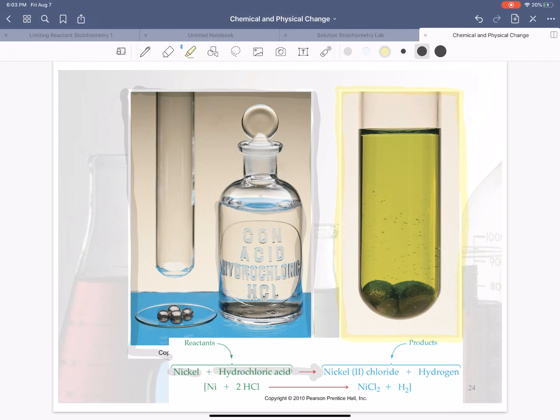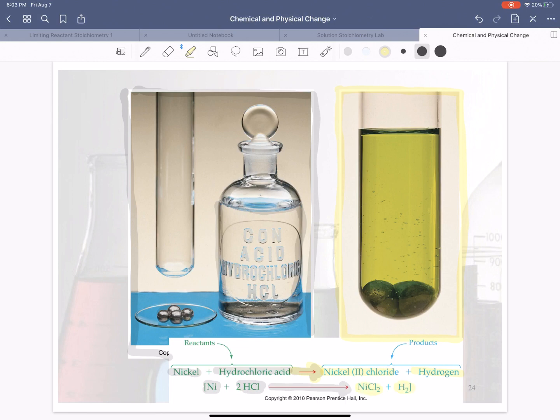When we speak what happened, we use words like reacted to form, and then we state the products, nickel 2 chloride and hydrogen gas. In chemistry, we are able to use symbols and formulas to represent these words. So I would say nickel and hydrochloric acid react to form nickel 2 chloride and hydrogen gas.